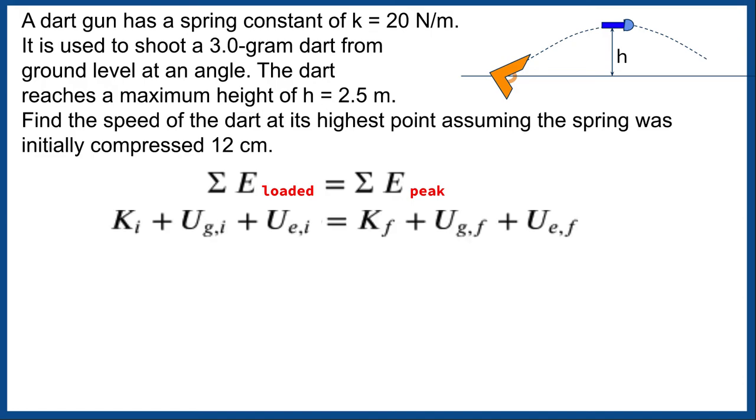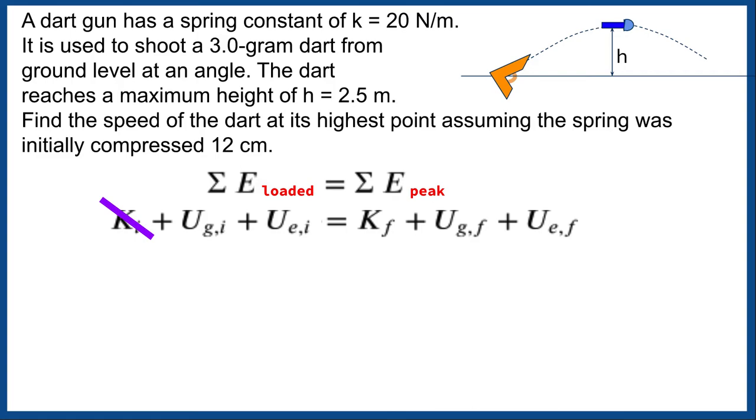Again, we'll think through our types of energy, all the different forms and so forth. At the bottom, before we release the dart and the spring is all loaded, there would be no kinetic energy right then. The dart doesn't begin to move until the spring begins to decompress or uncompress.